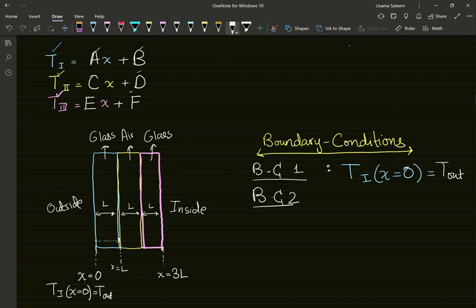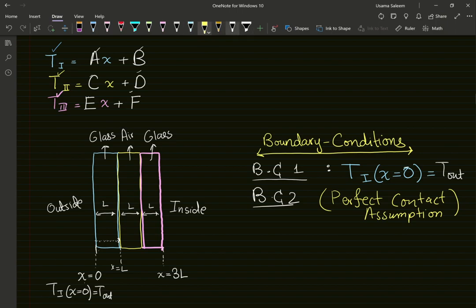My bad. So at x equals L, remember we had a perfect contact assumption. And what does that imply? That means that the temperature profile is continuous.